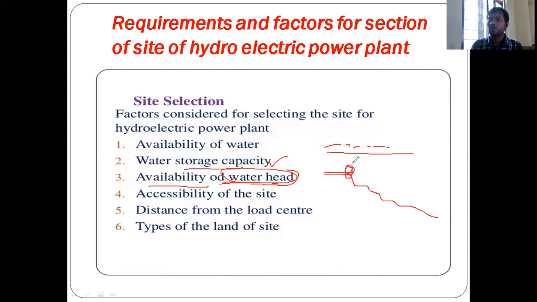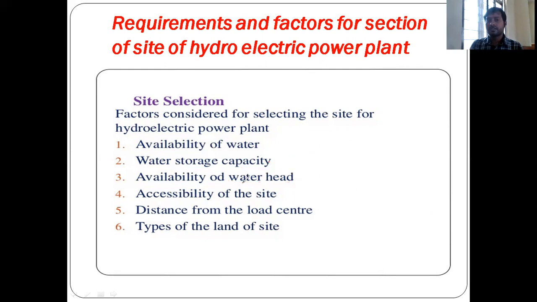If you construct the hydro power plant here, the stored water is available, and if you release the water to the ground, due to the high potential energy the water will be released to the ground with high energy. So we need to select this water head. Water head is nothing but the difference between the ground level and the water storage level.